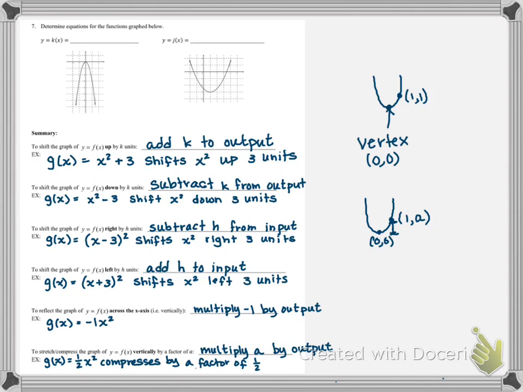So if we look at k of x, has it been shifted left or right? Up or down? No, because our vertex is at 0, 0, right? So right here. And so I'm going to look 1 unit to the right, which is this point right here. And what's this distance? 3.